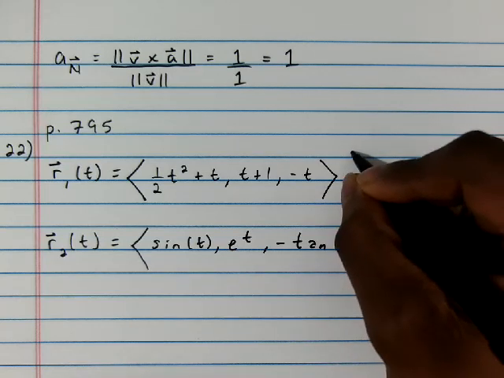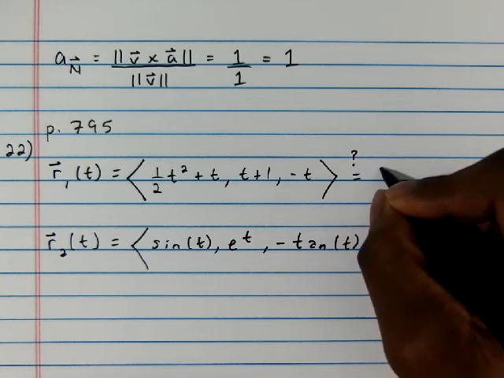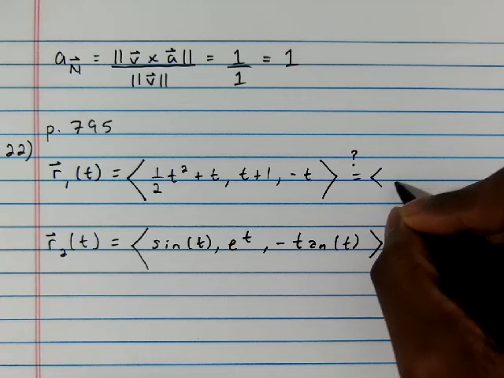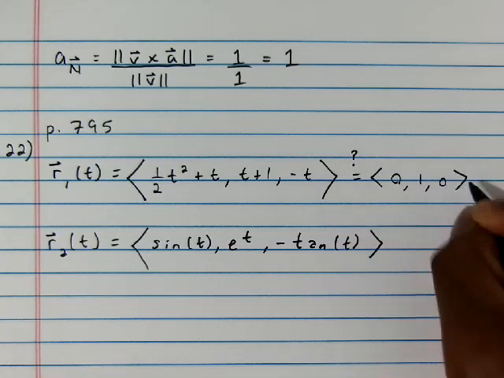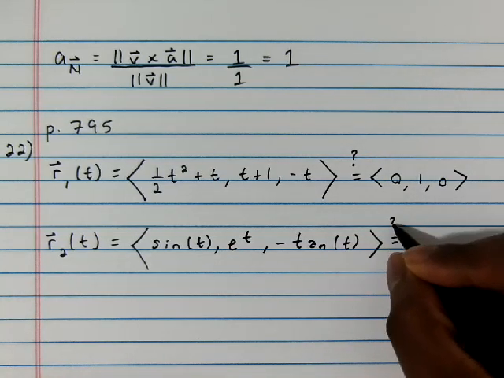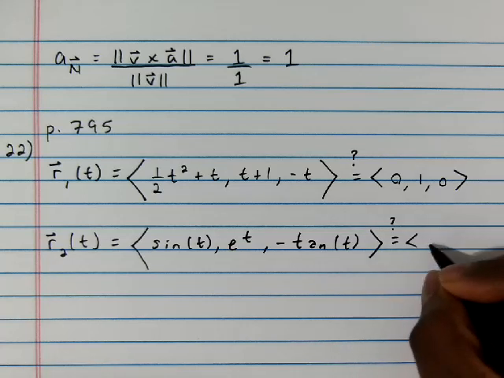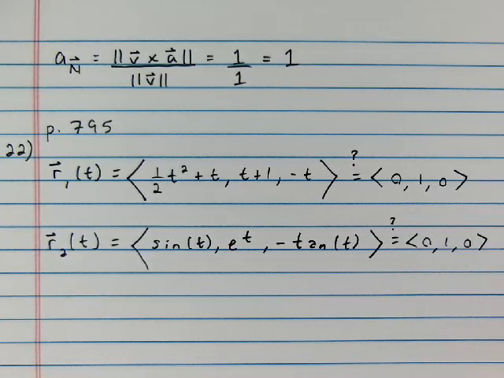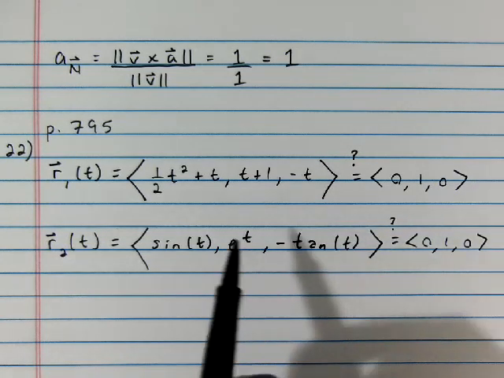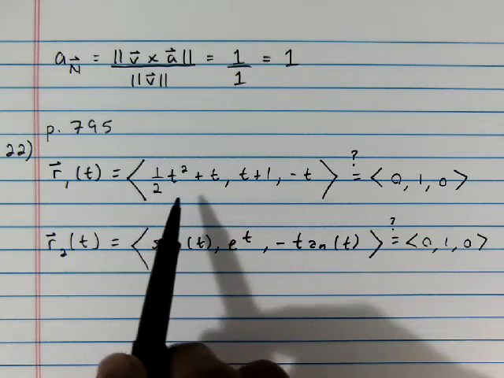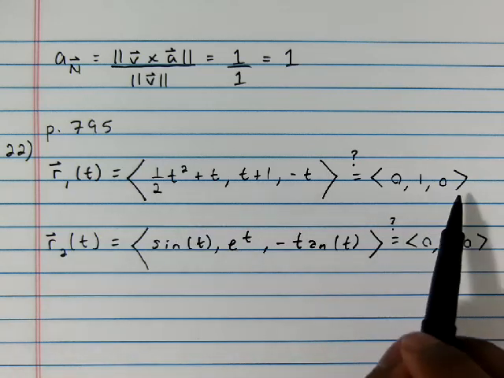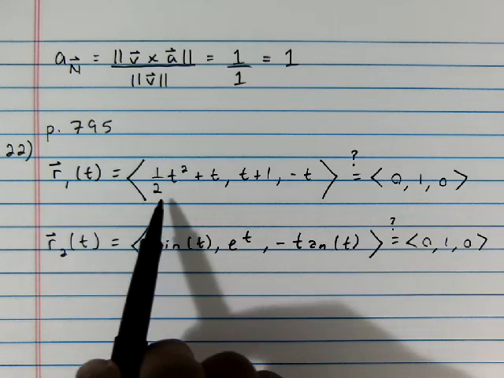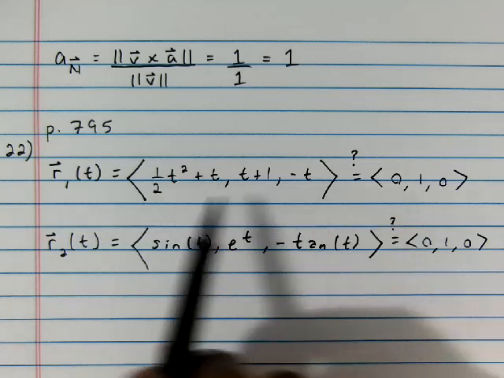So they're telling us to show that this thing at some point is 0, 1, 0, as well as this one at some point is 0, 1, 0. It could be we have to jump through a bunch of hoops to solve here. Like you could say, okay, I'm going to take this first one, set it equal to 0 and solve for t.